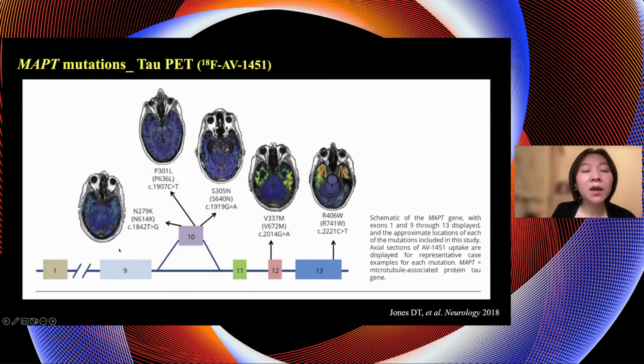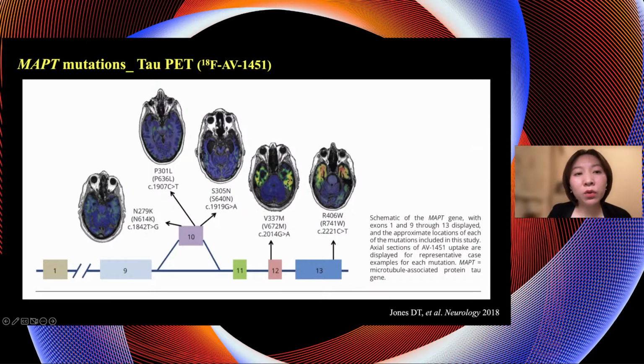They used the AV1451 to show whether these tau depositions can be shown in these different submutations. You see that within involved exon 10, a lot of them cannot show tau deposition there, but outside of exon 10, we see more predominant tau deposition.